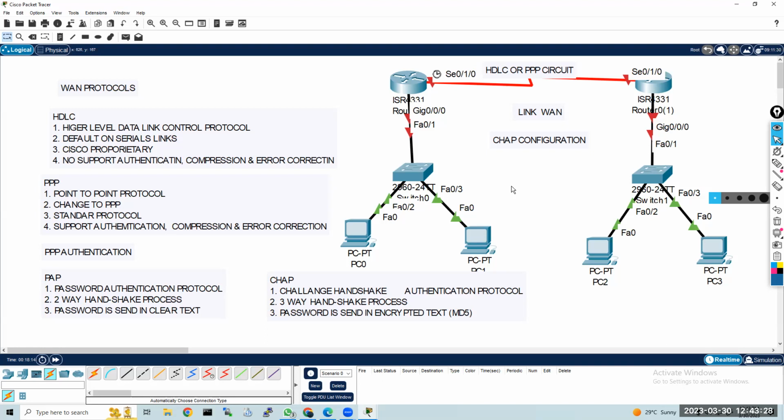So how do I configure this? Right now, same IP addresses. We'll use 10.0.0.1/8 and here 2. And as usual for the other network, 192.168.1.1/24, and this is 2.